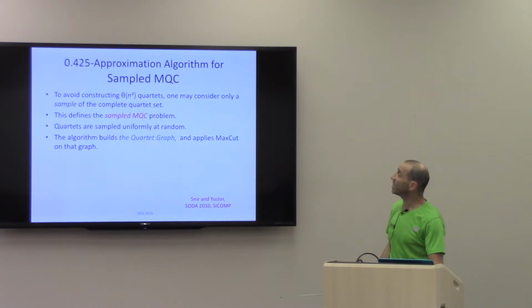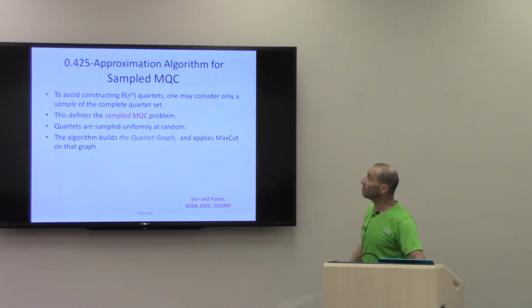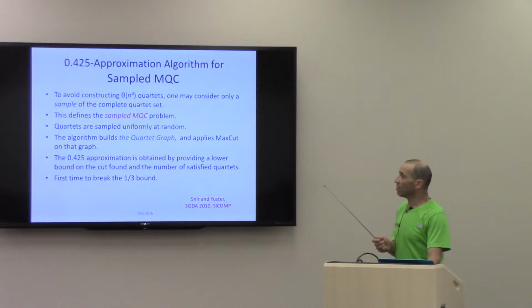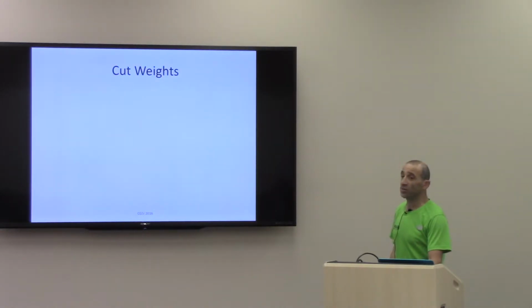The algorithm builds the quartet graph as we saw before, and applies the max cut on that graph, and the 0.425 approximation is obtained by providing a lower bound on the cut found and the number of satisfied quartets. We will see that more vividly soon. And this is the first time to break the third bound on not exactly structured input.